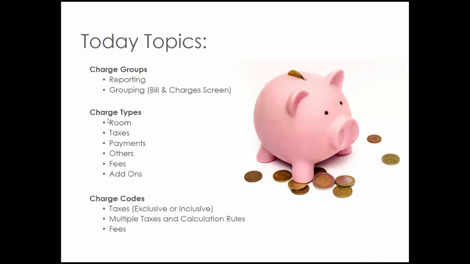The first one is listed as room. And room is really, I will say, one of the first 3 that are the most important and have the biggest impact. Room is what's going to roll up when we're counting room revenue to display on our title on our availability screen, where we're talking about the room revenue for the day. It's going to roll up and do all the fun things in the market segment statistics.